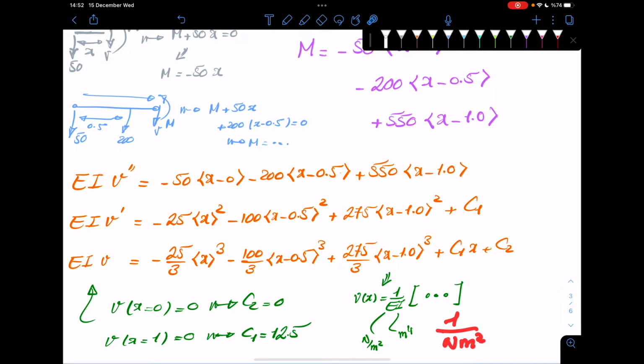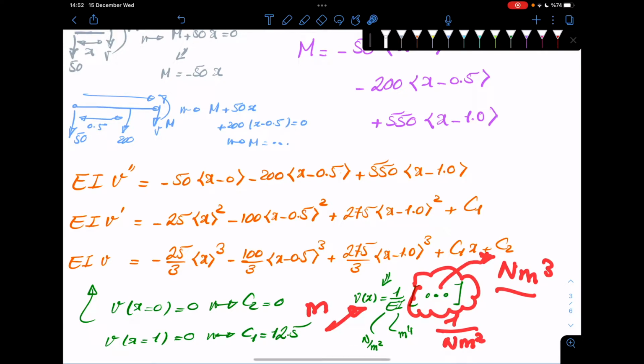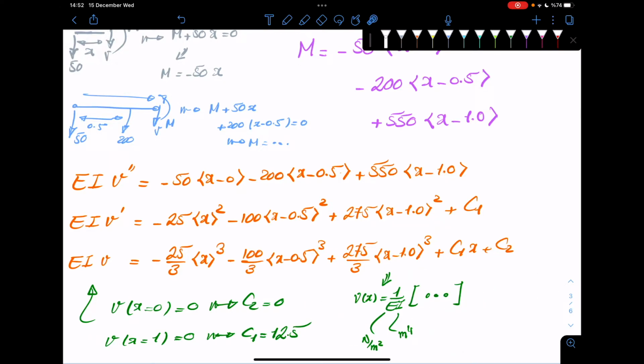So you need to pay attention that this coefficient would be in Newton meter cubed, so that your deflection would be meter. It doesn't matter, but if you want to think of the dimension of C, because it's a constant, that constant has a dimension of Newton meter cubed, basically.